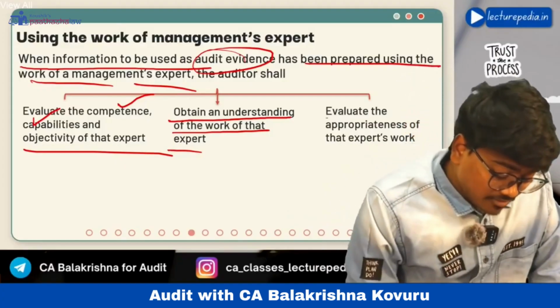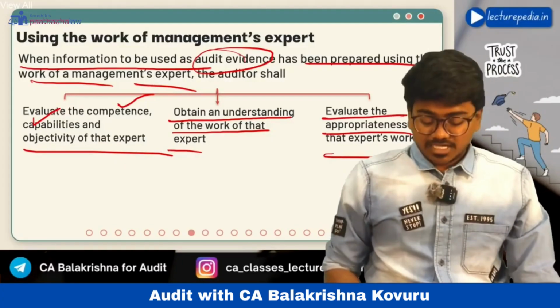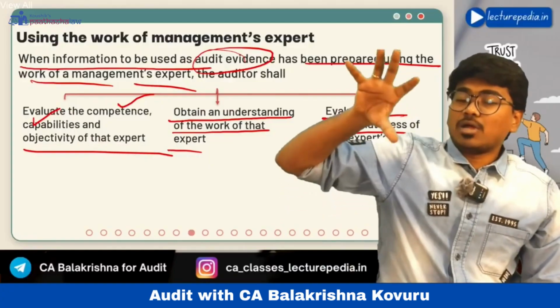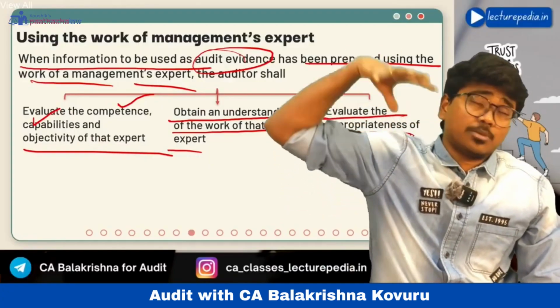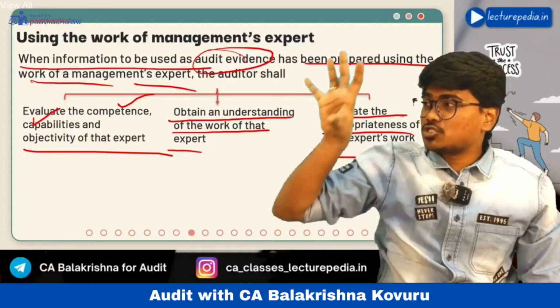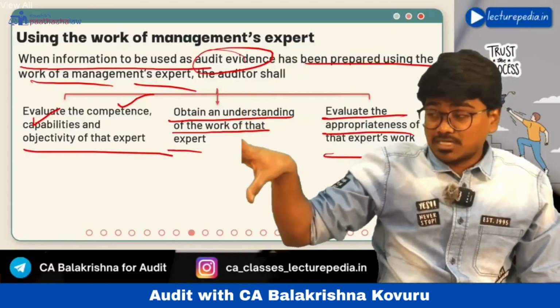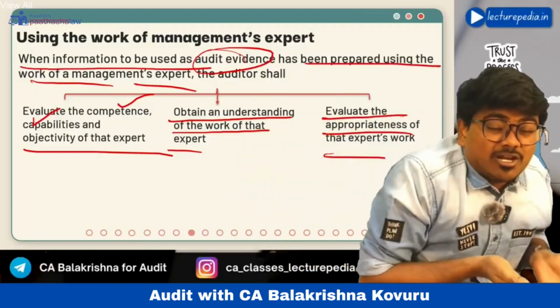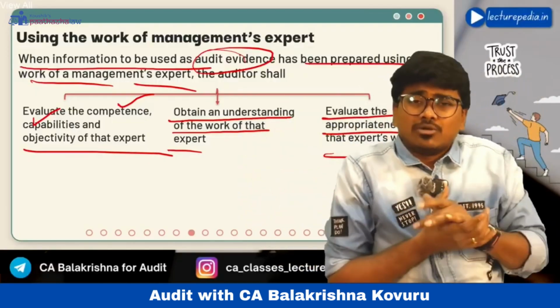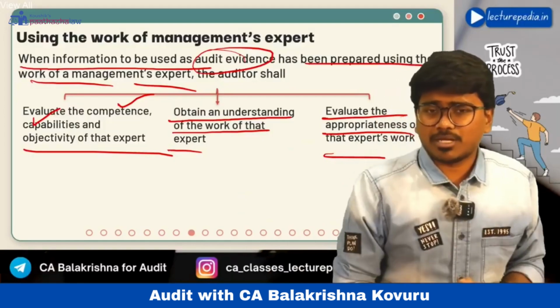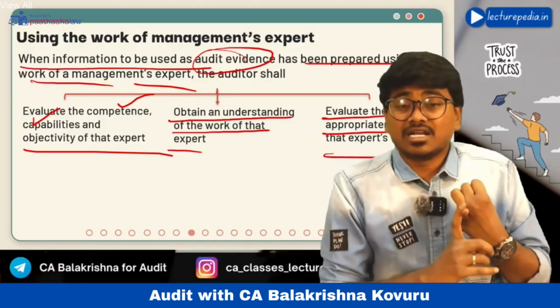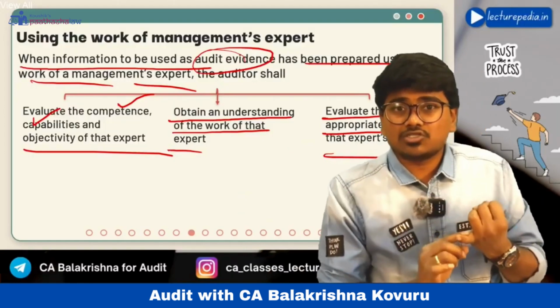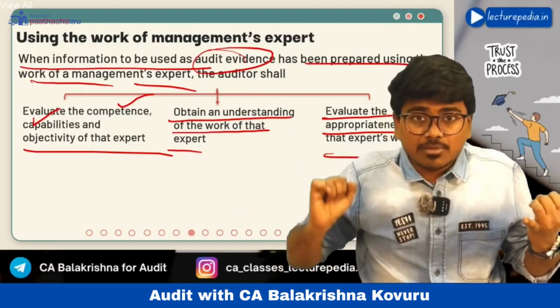After that, you will evaluate the appropriateness of that expert's work. See, you have evaluated the capability of the expert, you have understood the work that has been done by the expert. Now you will see whether that work is relevant for our purpose or not. So how will you see that? You will check the relevance and reasonableness of conclusions that have been made by the expert.